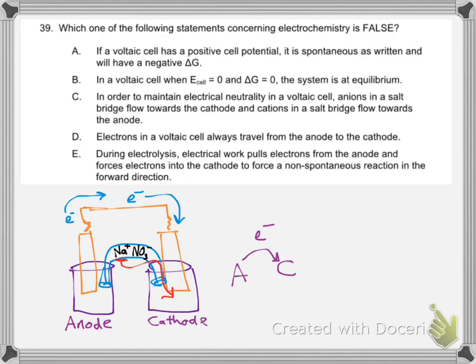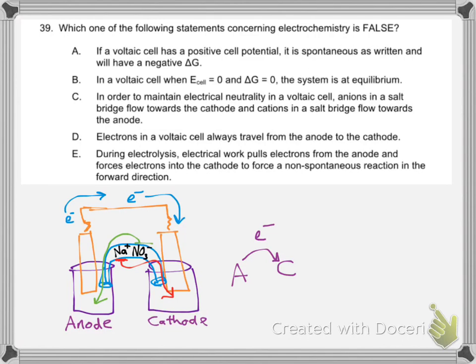The anions, on the other hand, will move into the anode, because if electrons are leaving the anode, this side would build up a positive charge, and electrons wouldn't want to leave that. So the purpose of the salt bridge is to maintain electrical neutrality, and it does that by having the anions move to the anode and the cations move to the cathode.